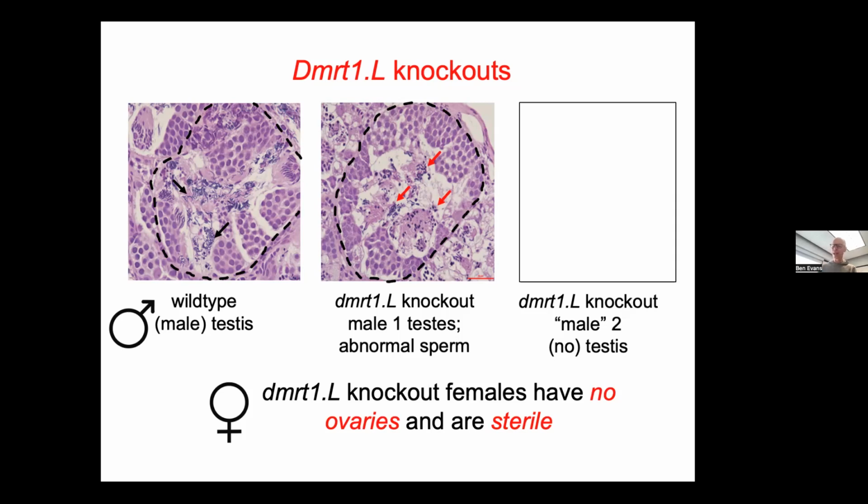We were really surprised because in humans, for example, when DMRT1 is disabled, it doesn't prevent female differentiation; it only prevents male differentiation. So this appears to be a novel function for DMRT1, at least this homeolog of DMRT1 in Xenopus laevis and potentially in amphibians in general.